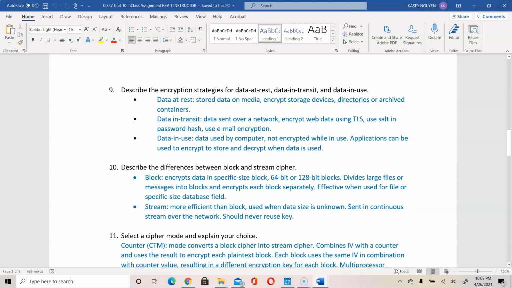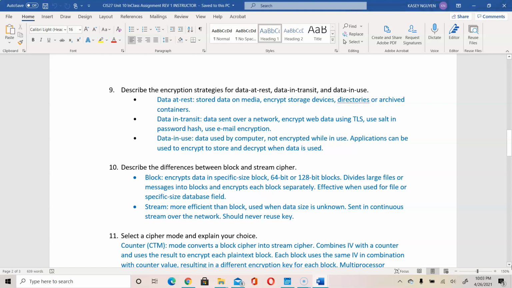Now in stream, we talked about how that would be one at a time. Stream would be more efficient than block, and it is used when the data size is unknown. So when you're looking at web type data, the stream data is coming in and you might not know the specific size of that data, then you would need to use a stream cipher.